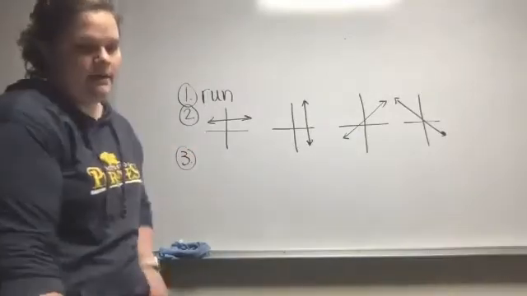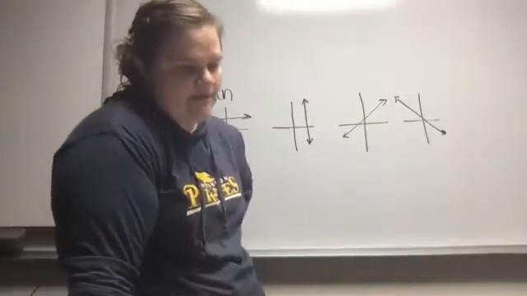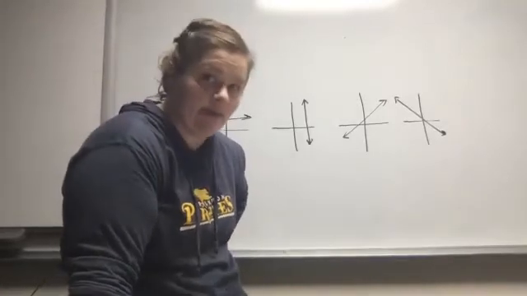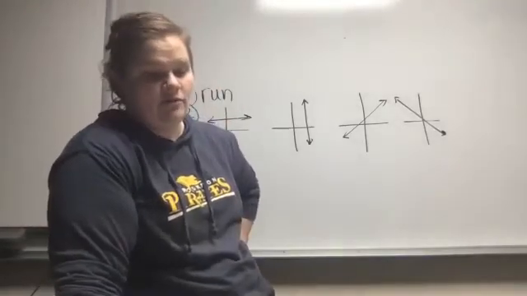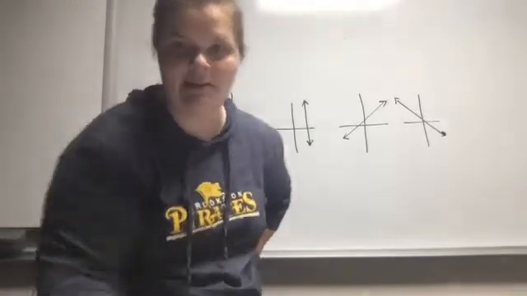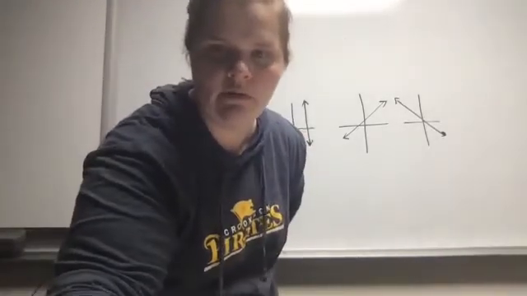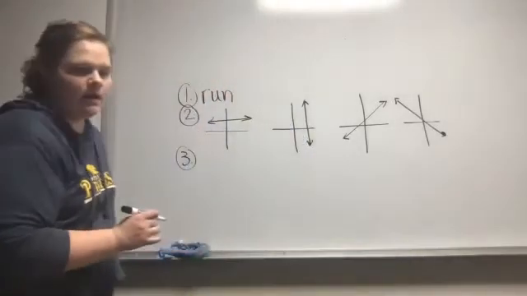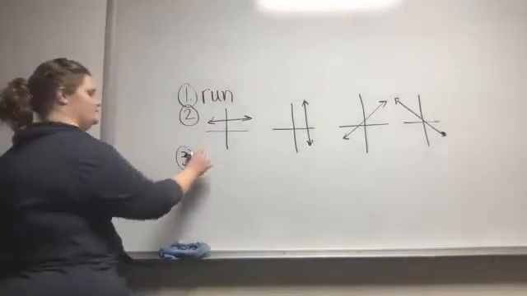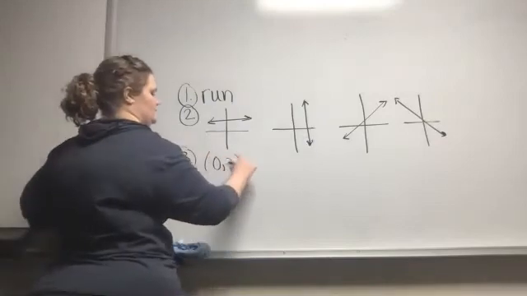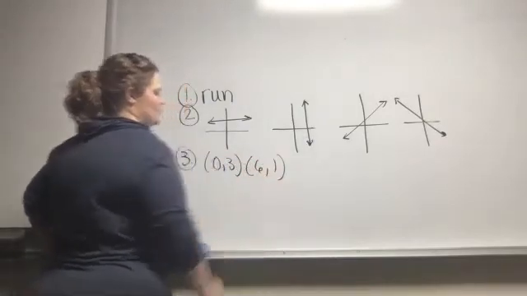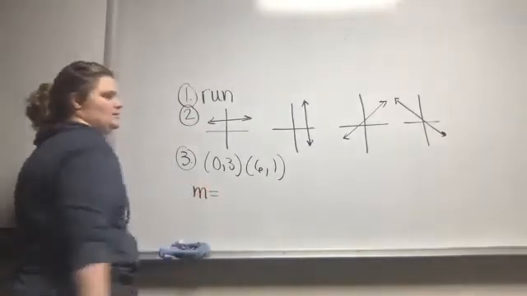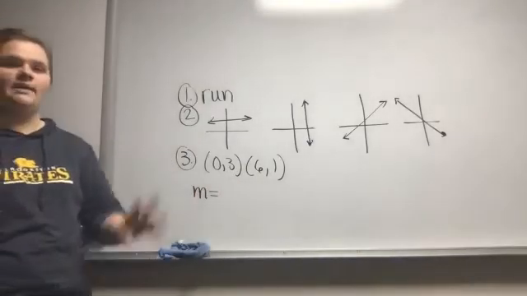Okay, number 3. Find the slope of the line that passes through each pair of points. So now they're giving us a pair of points, and we have to put them into our formula and solve. Okay, here we go. 0, 3, and 6, 1. Okay, remember M equals y minus y.